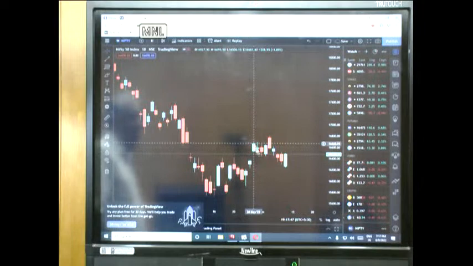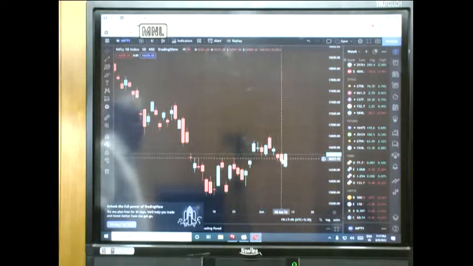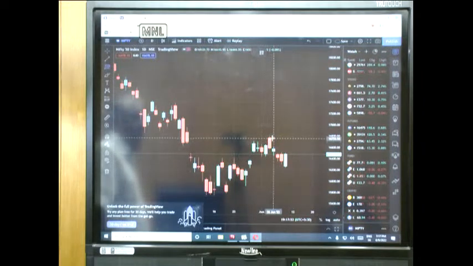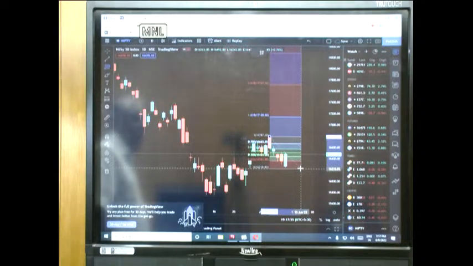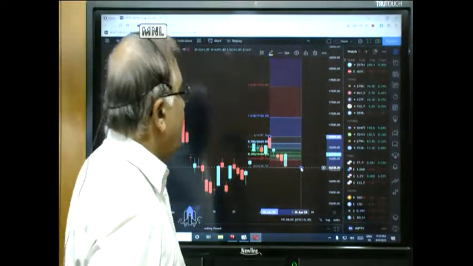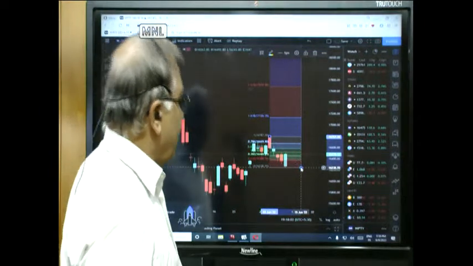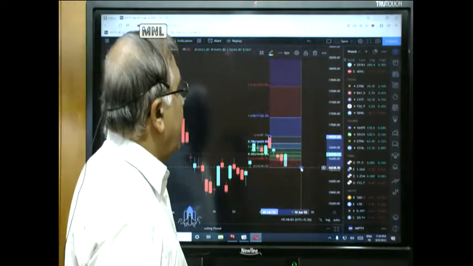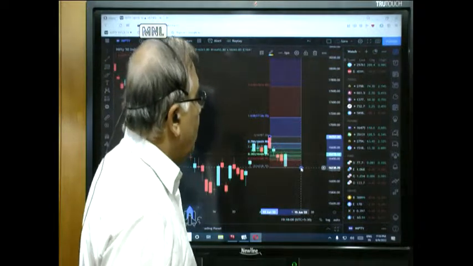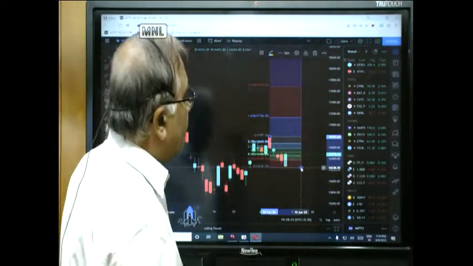Now let's look at this place and this place. Let's draw the Fibonacci for this. So if you see, the 50% retracement is coming at 16,513, the 61.8% is 16,577, and 78.6% is 16,699.